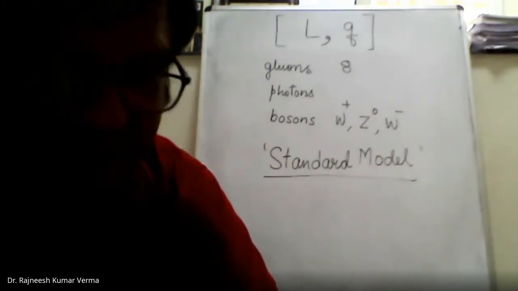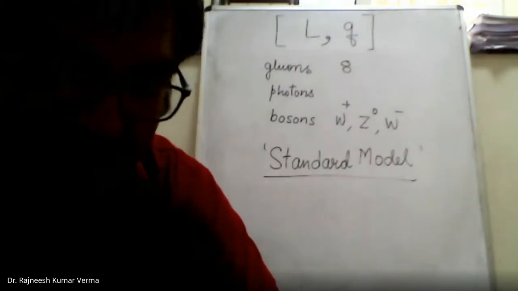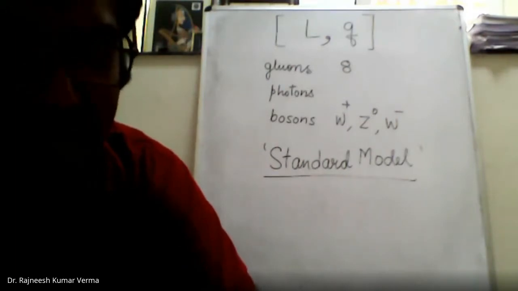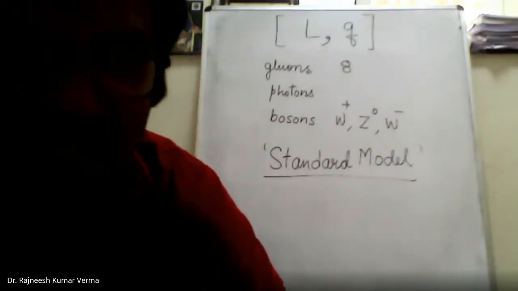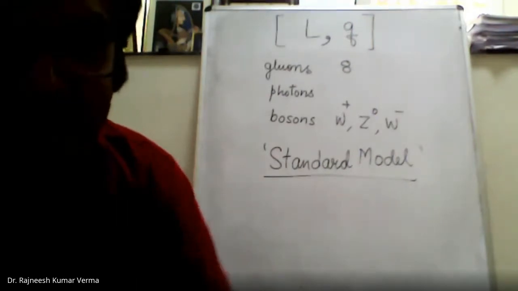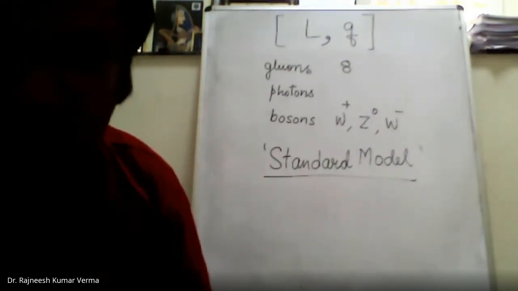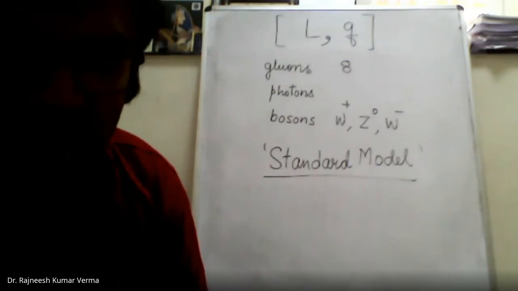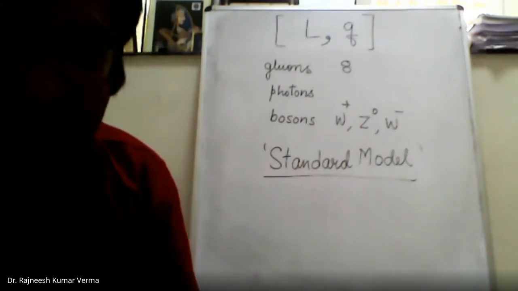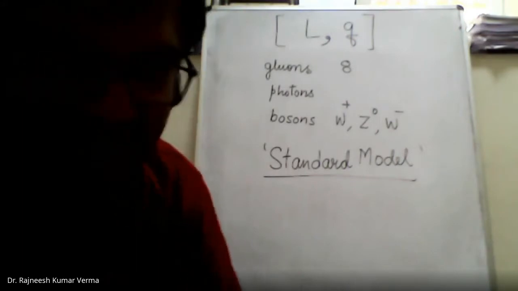Initially, it was predicted that these three bosons are required for the completeness of the unification of electromagnetic and weak interaction. And later on in 1983, it was experimentally confirmed that yes, we have these three kinds of bosons, W plus, W minus, and Z0. By using these bosons, a complete picture of unification of electromagnetic and weak interaction can be understood.